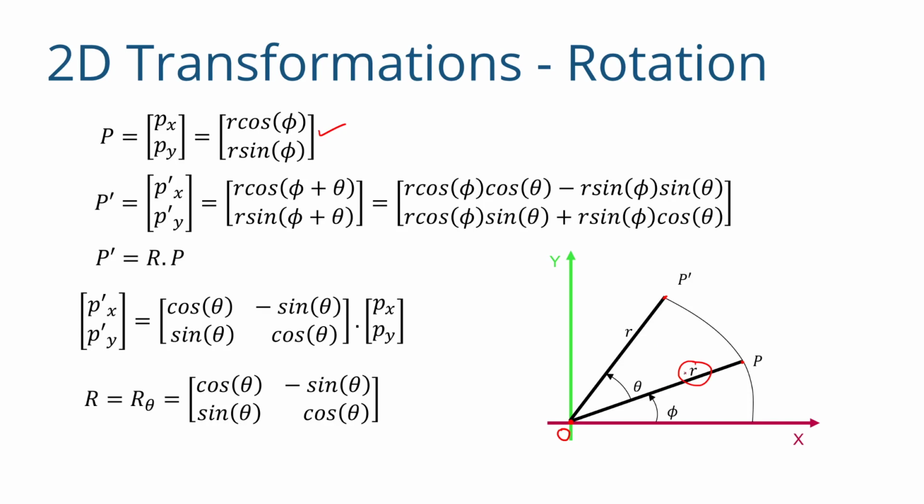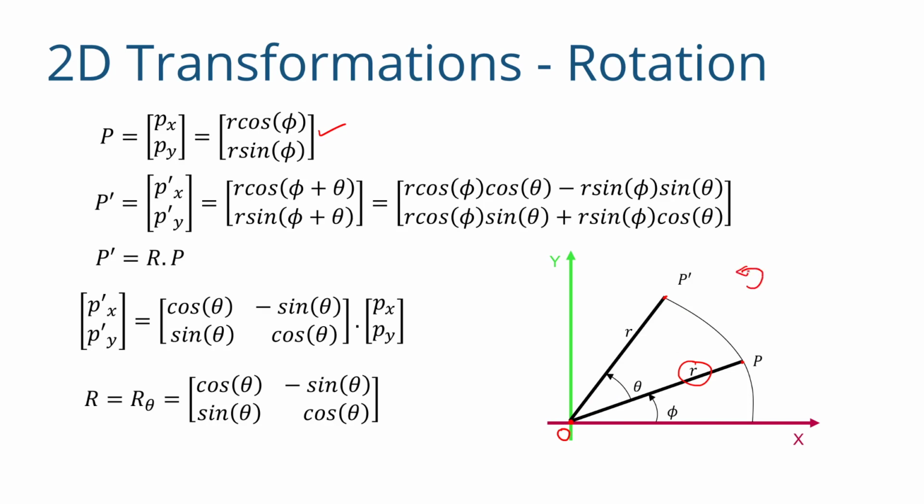Now I want to rotate P to P prime, and P prime is a further theta rotation from OP. So OP prime is obtained by rotating OP by an angle theta about O. And notice the sense of this rotation.